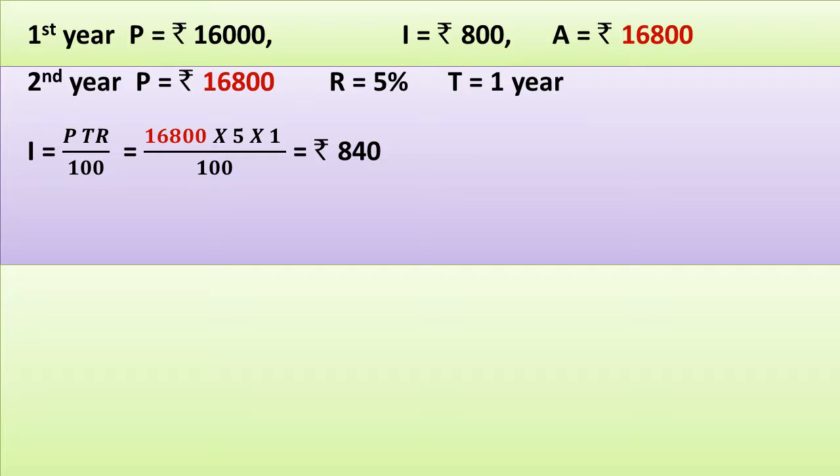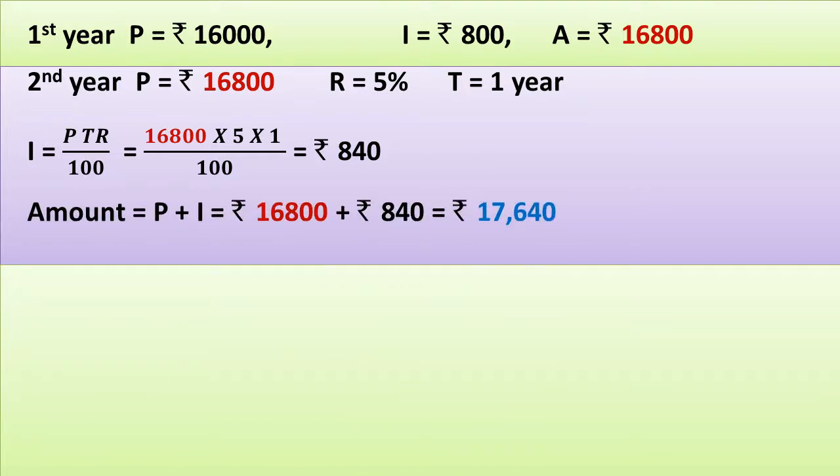The product of 168 and 5 leads to 840. And the amount of the second year will be principal plus interest, that is 16,800 plus 840. The amount to be paid at the end of the year is 17,640 rupees.